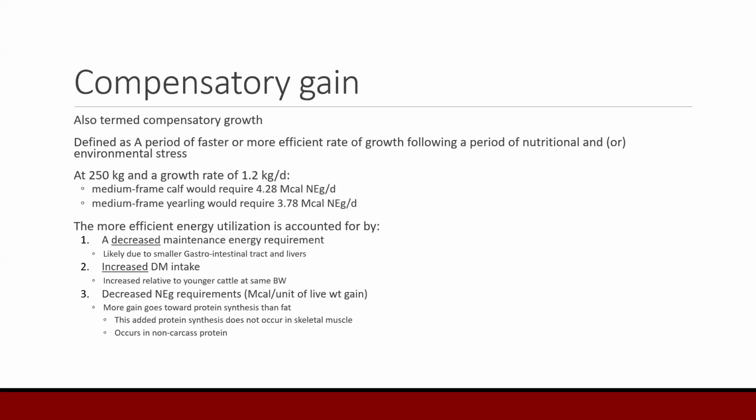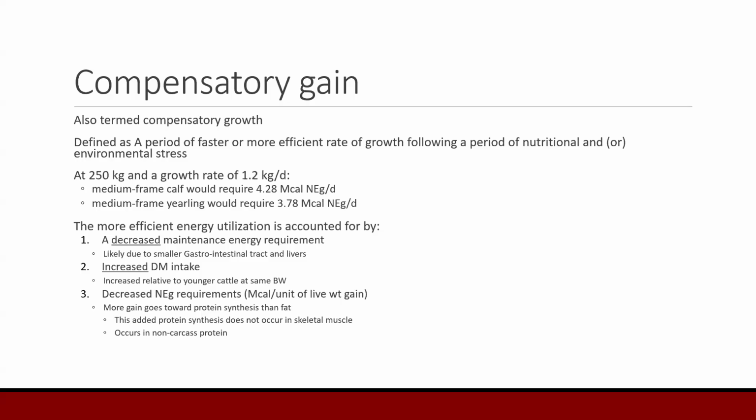So we have stressed animals that either were provided inadequate nutrition or were experiencing some environmental stress, so maybe heat stress, or physiological stress that made them undernourished. So that whenever we go through that amelioration period where they have that nutritional imbalance corrected, they experience faster, more efficient growth.